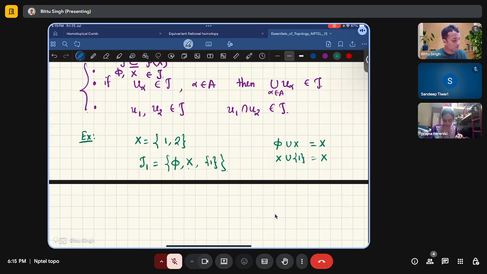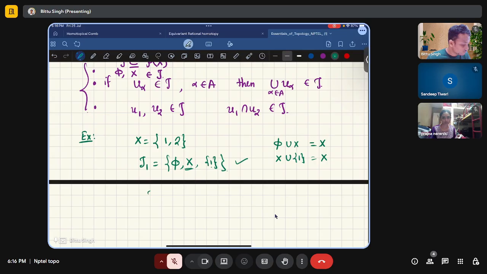So whatever union you take also belongs to tau 1 because X is already there. Similarly, for intersection, X intersection {1} will be {1} because {1} is smaller, right? So arbitrary union and finite intersection are there. So tau 1 is a topological space.